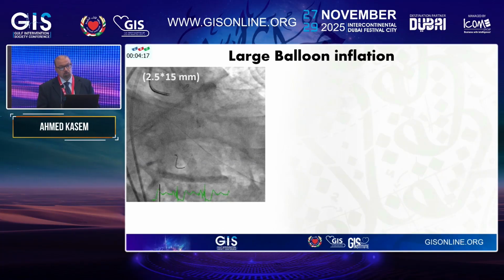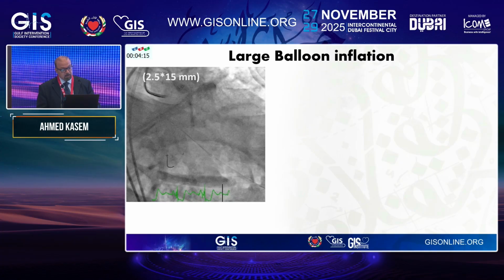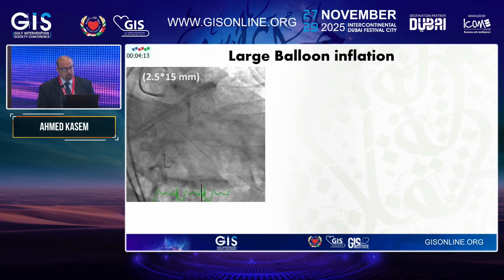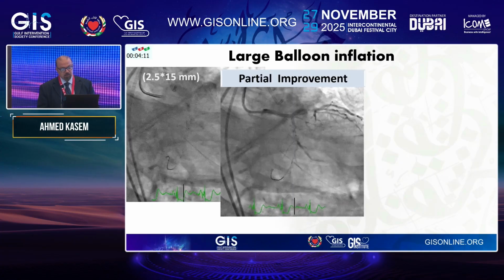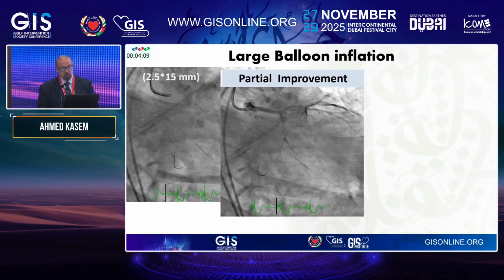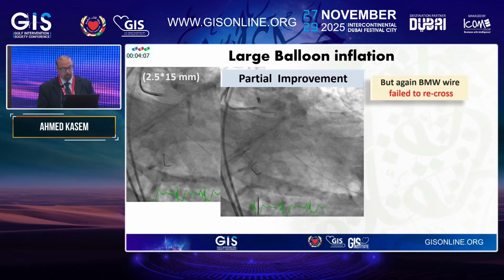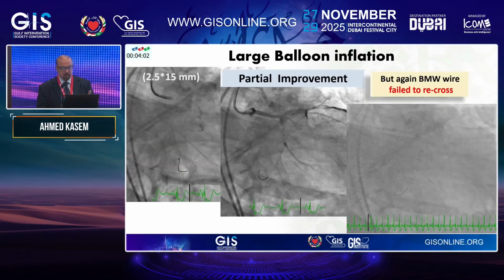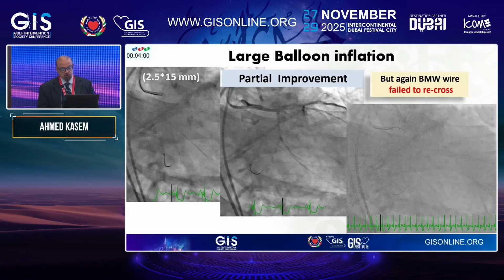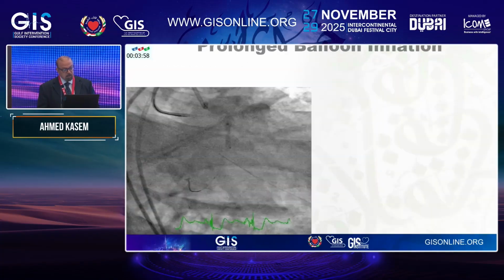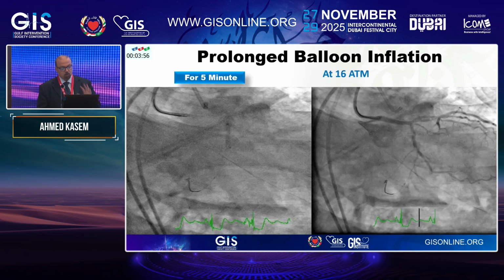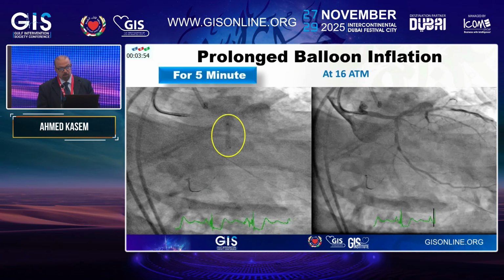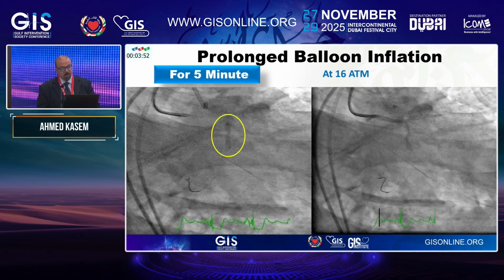So I used a bigger balloon on the initial wire, and I noticed there was some partial improvement. But the wire trial again after this partial improvement still failed to cross to the OM branch. So I decided to use prolonged sustained inflation of the balloon, 16 atmospheres for 5 minutes.